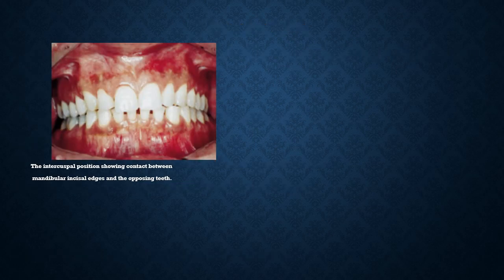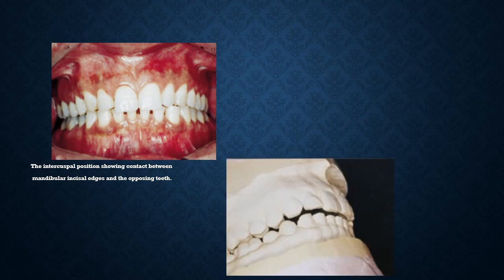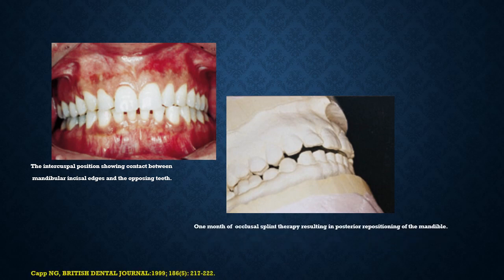As you can see in this slide, the intercuspal position showing contact between the mandibular incisal edge and the opposing teeth. And after 1 month of occlusal splint therapy, the mandible is retruded into a more stable retruded contact position, creating space anteriorly to restore the worn anterior teeth.